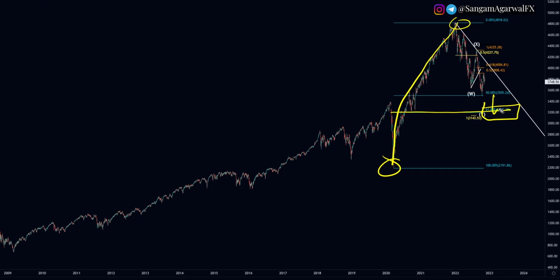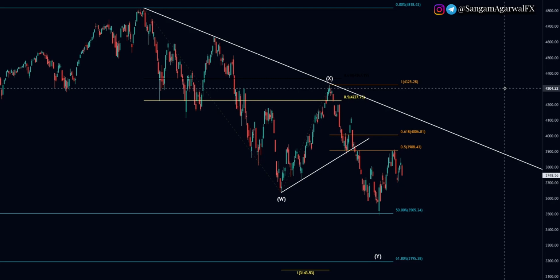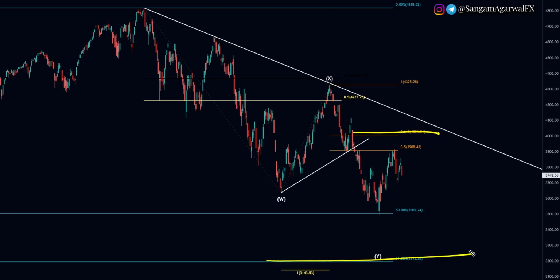When this level breaks, then we will decide where SP500 will go and what the Fed monetary policy will be at that time. So all of this movement of the market will be decided today after CPI, upside resistance 4000 and downside support 3200.